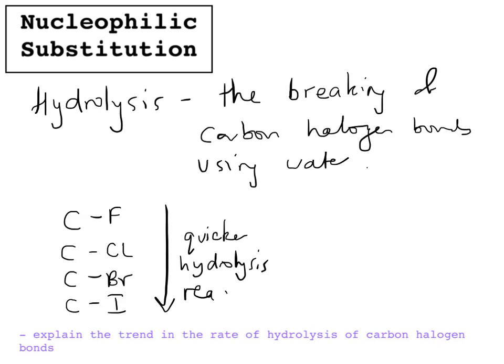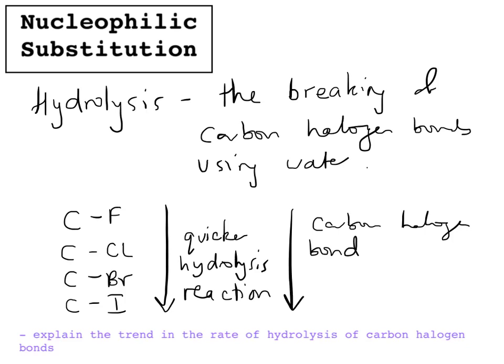And this is basically because, as you go down, the carbon-halogen bond becomes weaker. So if the carbon-halogen bond is weaker, it basically becomes easier to break, and therefore results in a quicker hydrolysis reaction.